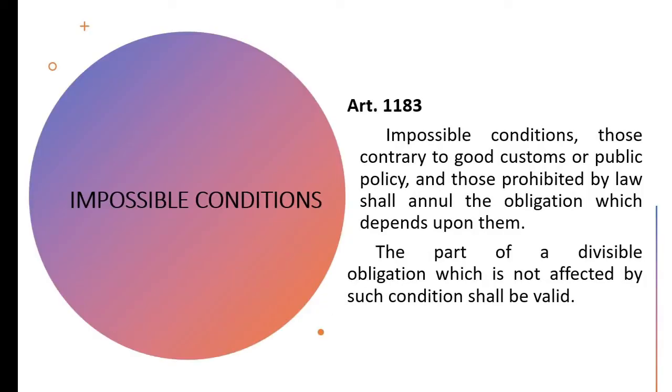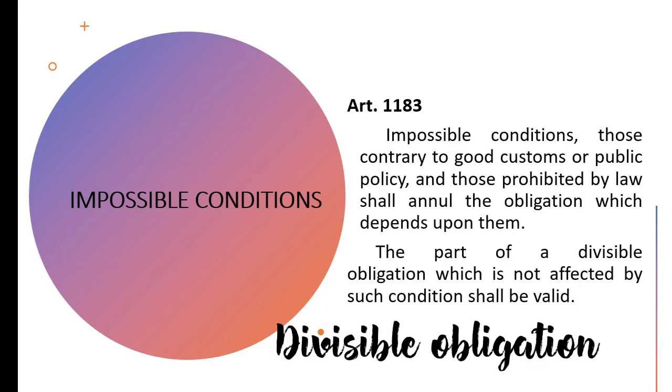Another kind of condition is impossible conditions. Article 1183. Impossible conditions, those contrary to good customs or public policy, and those prohibited by law shall annul the obligation which depends upon them. The part of a divisible obligation which is not affected by such condition shall be valid.